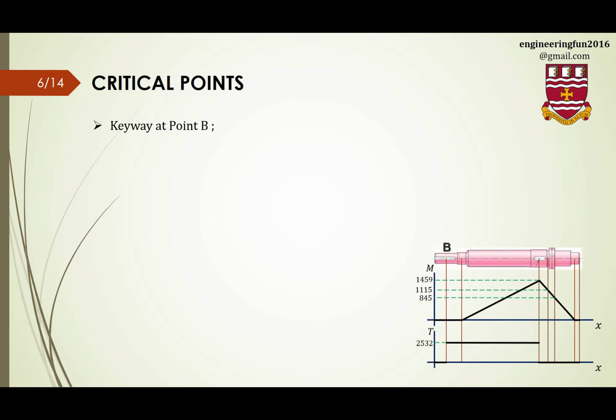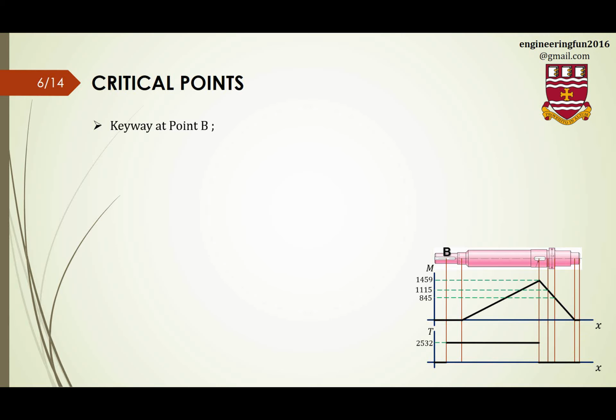Now we want to talk about the potential critical points. Okay, the first point that could be a critical point for us is point B, which has a keyway at this point. If I look at these two graphs, I see that at point B there is no moment, and the moment causes a dynamic failure, and this one causes a static failure.